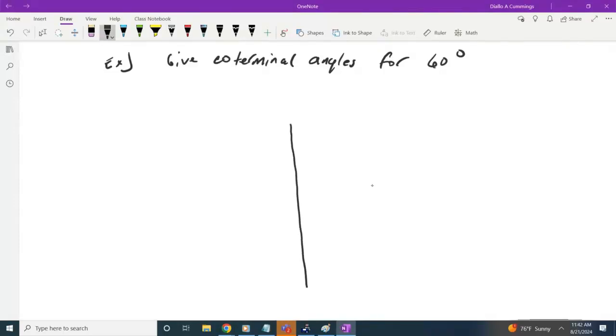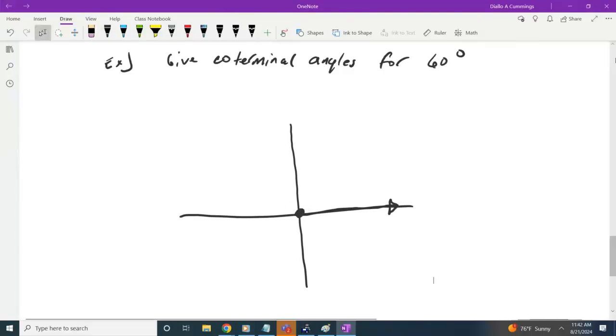Okay, so I'm going to draw out a coordinate system. I have my initial side, and that's always along the positive x-axis. And my terminal side is 60 degrees, right? Just pointed at 60 degrees.